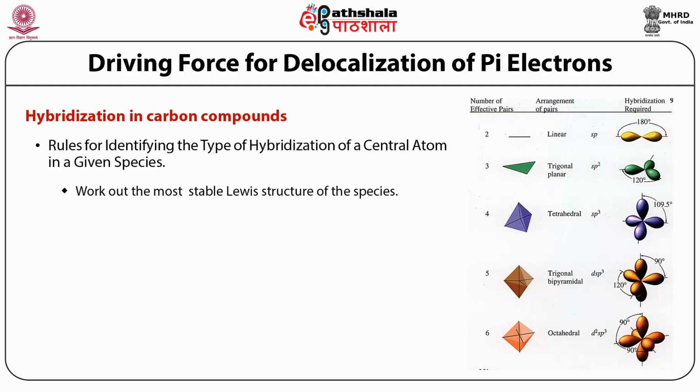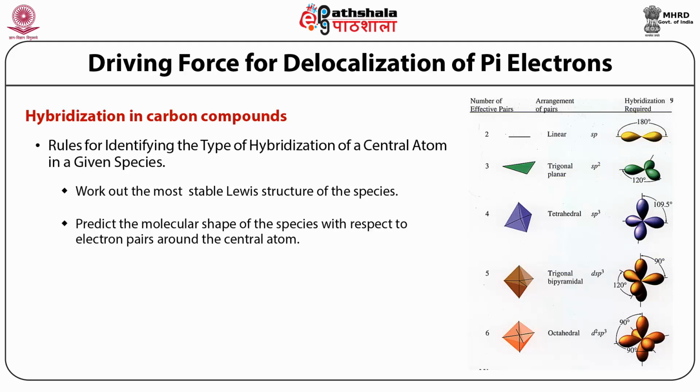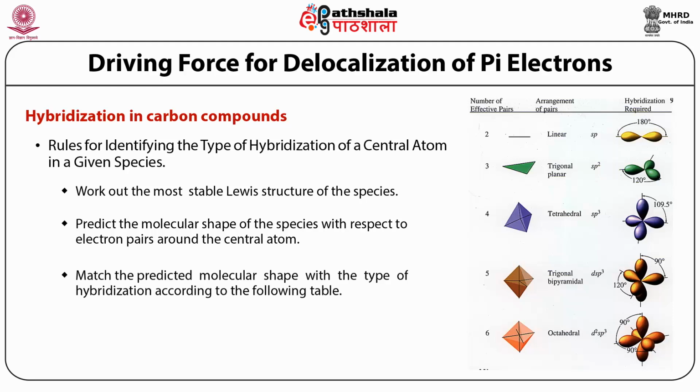First, we work out the most stable Lewis structure of the species. Second, predict the molecular shape of the species with respect to electron pairs around the central atom. Lastly, match the predicted molecular shape with the type of hybridization according to this table.